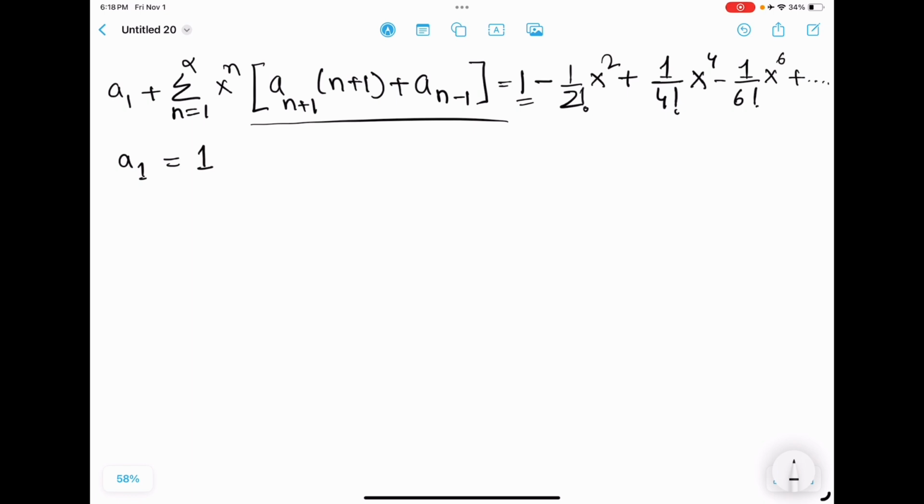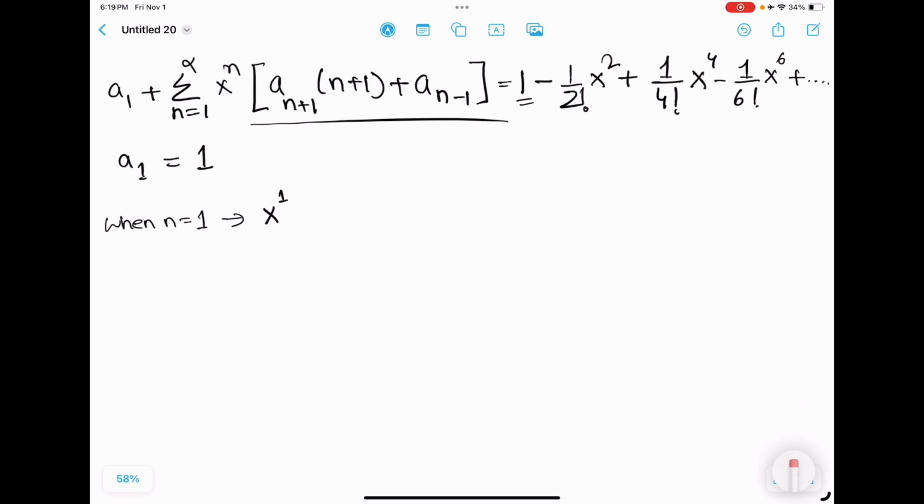So for example, when our n is equal to 1, our power of x is just 1, okay? And if we look at our right-hand side, the cosine doesn't have a coefficient for x when the power of x is 1. It doesn't have any coefficients, right?